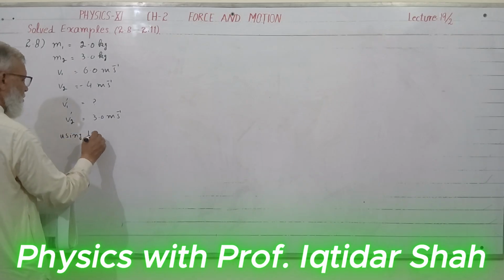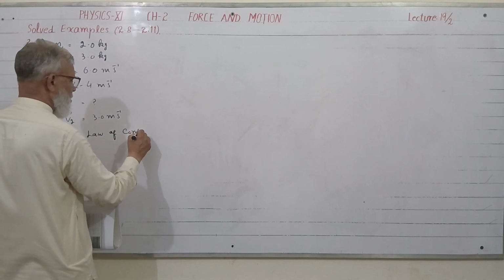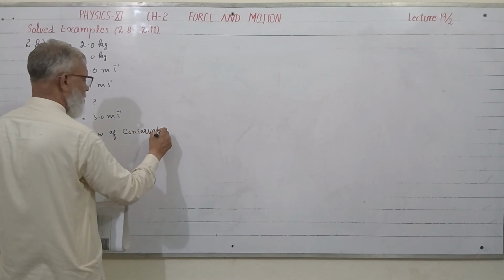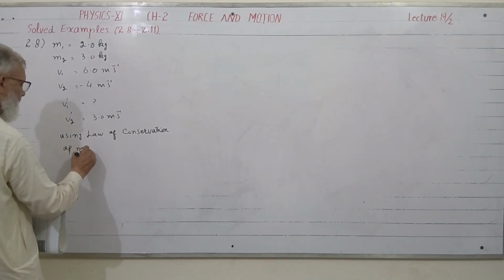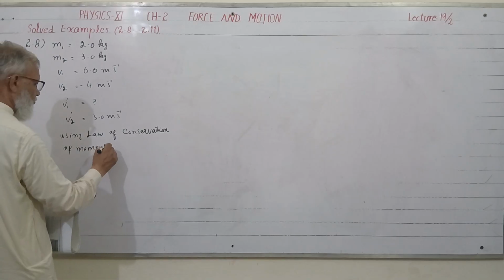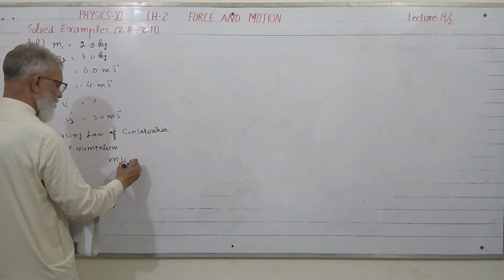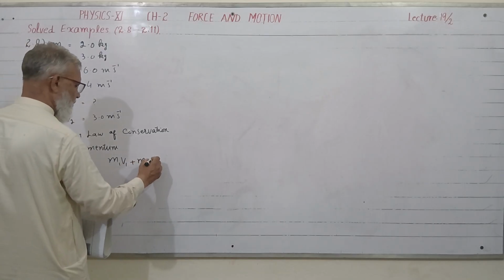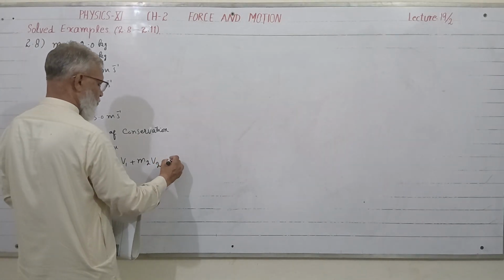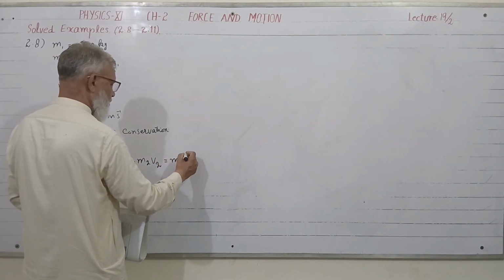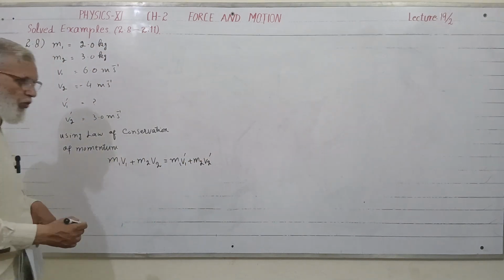Momentum before collision, M1 V1 plus M2 V2, should be equal to M1 V1 prime plus M2 V2 prime.